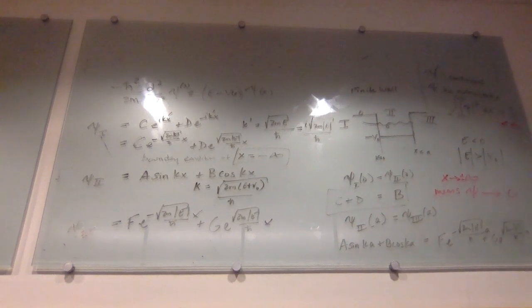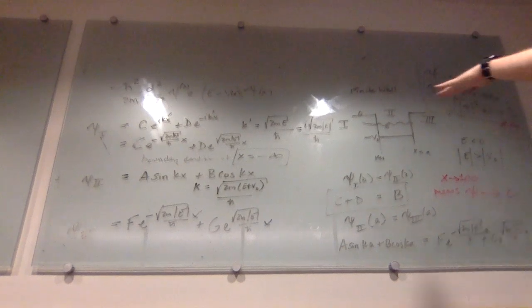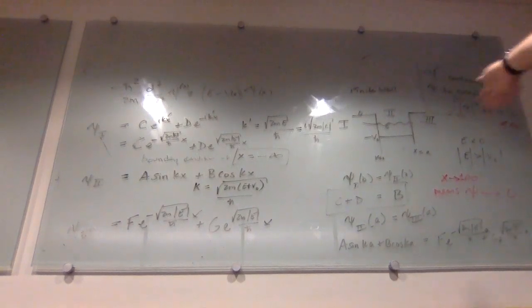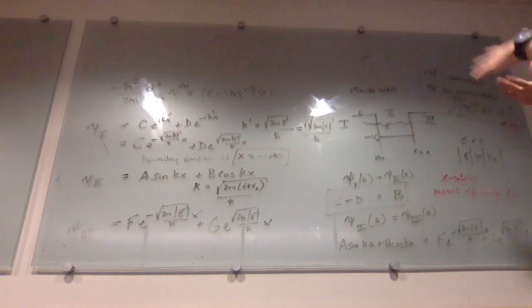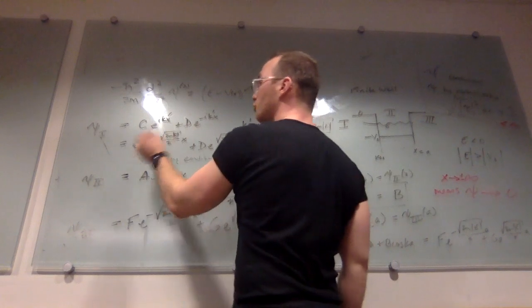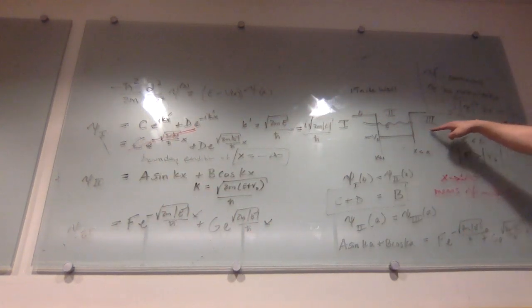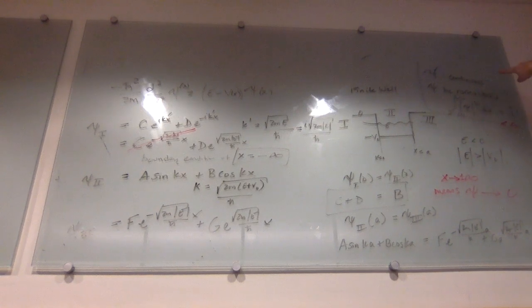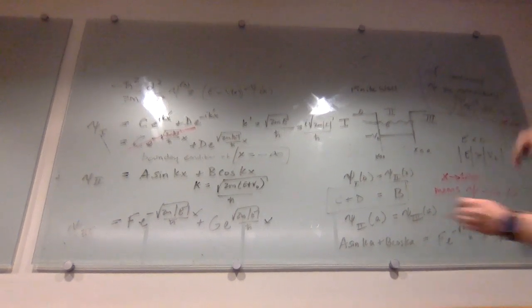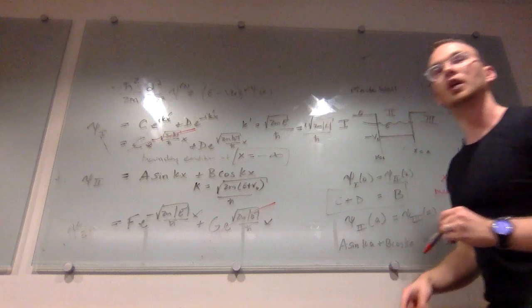So in other words, if you look at the wave function, it can't go like this at the ends. If it goes like this at the ends, the area under the curve is going to be infinite. So those boundary conditions say that this is 0, and it also says the same thing over here. We can't have it blow up positively to the right. So this one has to be 0.